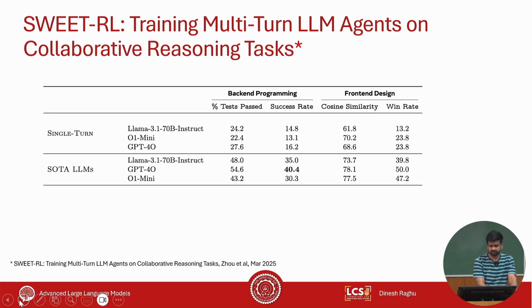So these are the two data sets we have, and same as before, here it also shows average cosine similarity and win rate. Win rate here is with respect to they showed the output of GPT-4o and the current model at hand, and they wanted to see whether GPT-4o did better or this model did better.